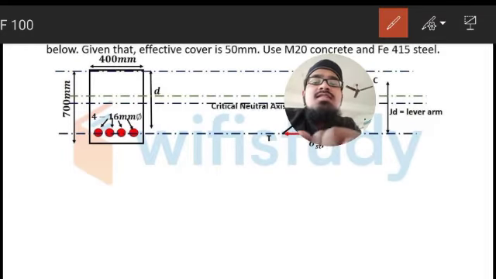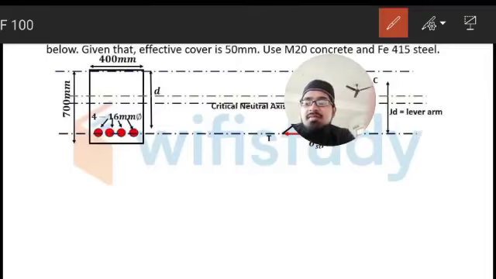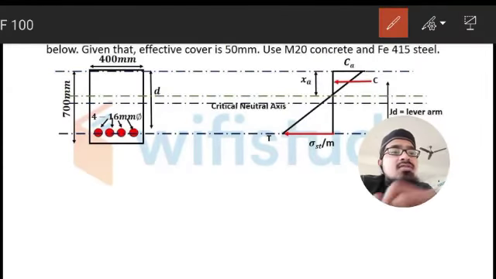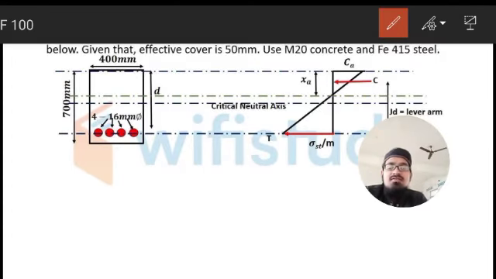And now for moment of resistance, what is the formula? Compressive force into lever arm. For finding compressive force, average stress into area under stress. For finding the average stress, we should have a stress diagram. For having the stress values, we should know the permissible limits of the stress values.